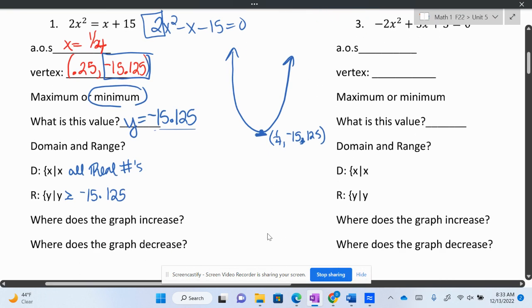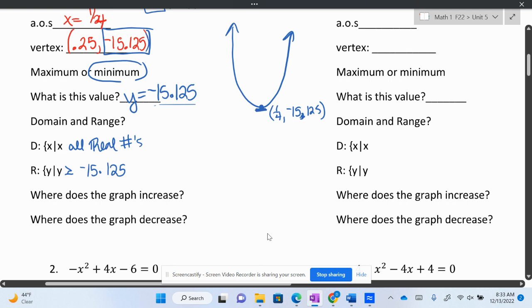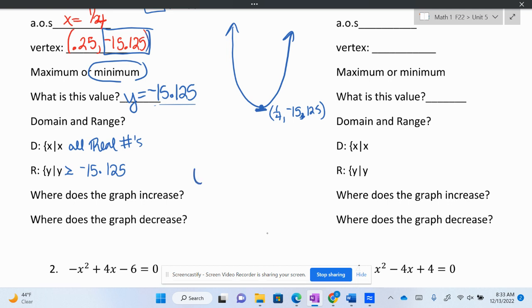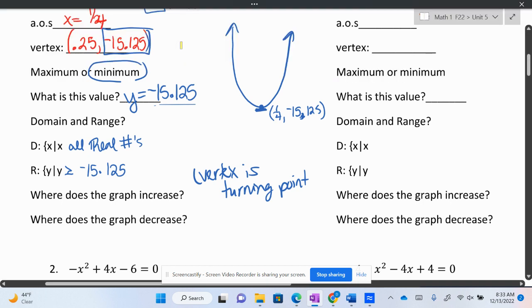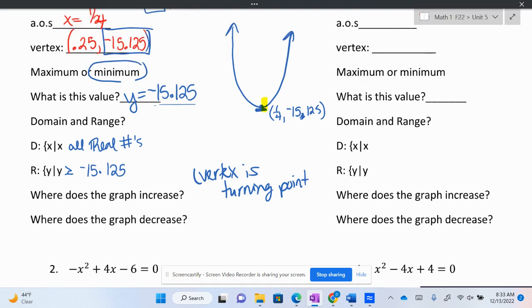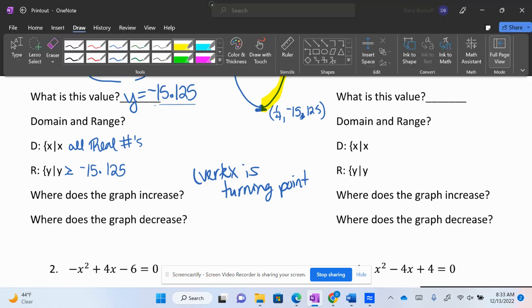All right, so let's finish. Where does this graph increase? Remember that we said that the vertex was the turning point. We said that yesterday. Vertex is the turning point. So if you think about your graph, from x greater than or equal to 1/4, it's increasing.